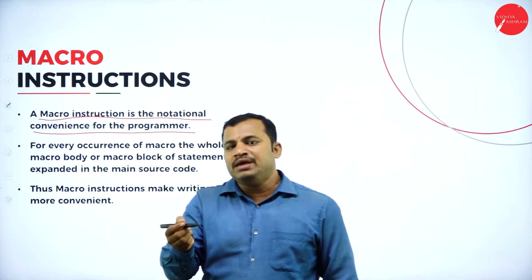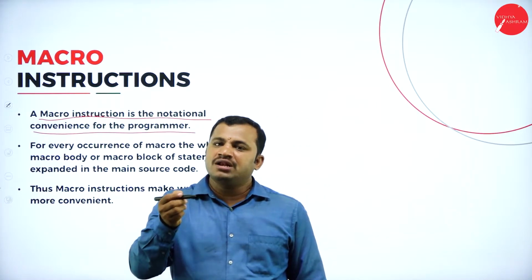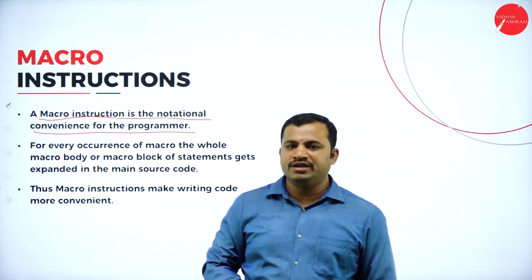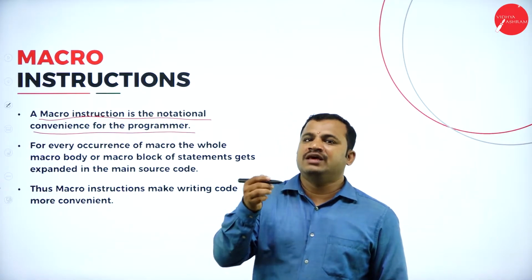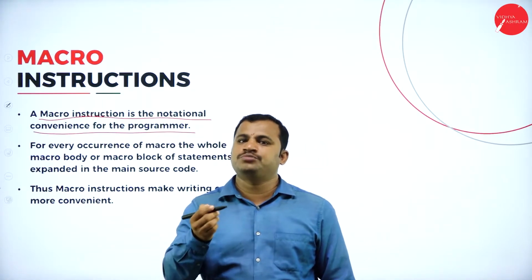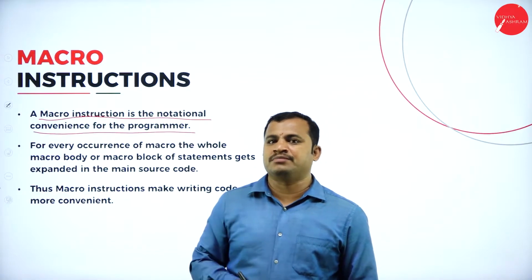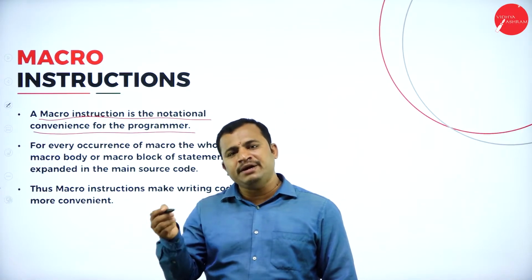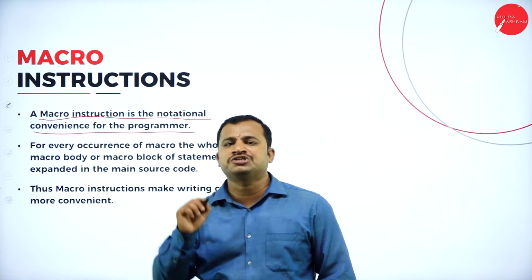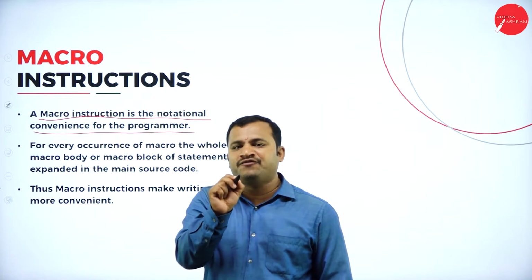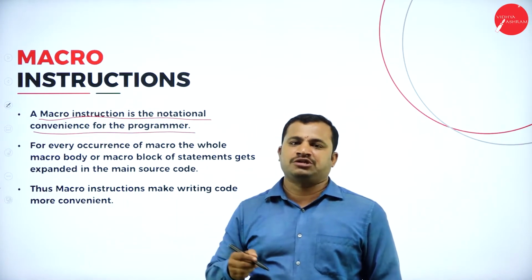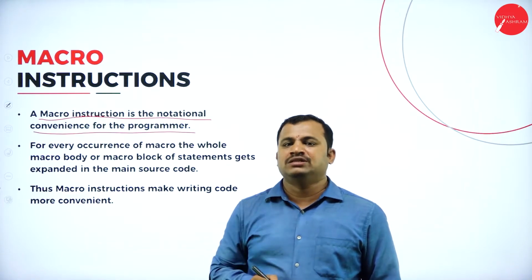For example, if there is any macro function which needs to be used in our program, instead of writing repetitively the same definition, we just write the instruction which is sufficient enough to place the entire definition in place of the instruction. That is the purpose of it.